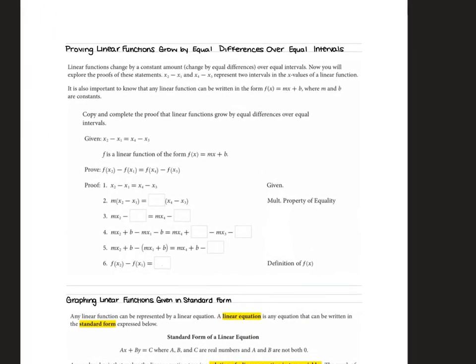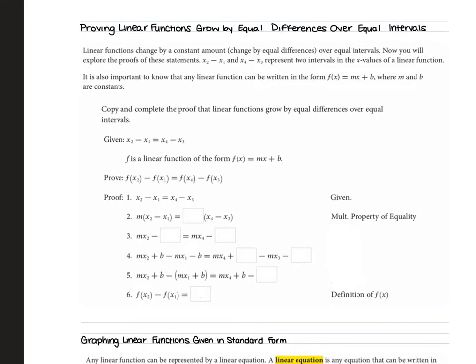If we look at the next part, we're proving that linear functions grow by equal differences over equal intervals. So when we do this, we're using a different formula in order to find where that constant change happens. If we look at this proof, x2 minus x1 is going to be equal to x4 minus x3.